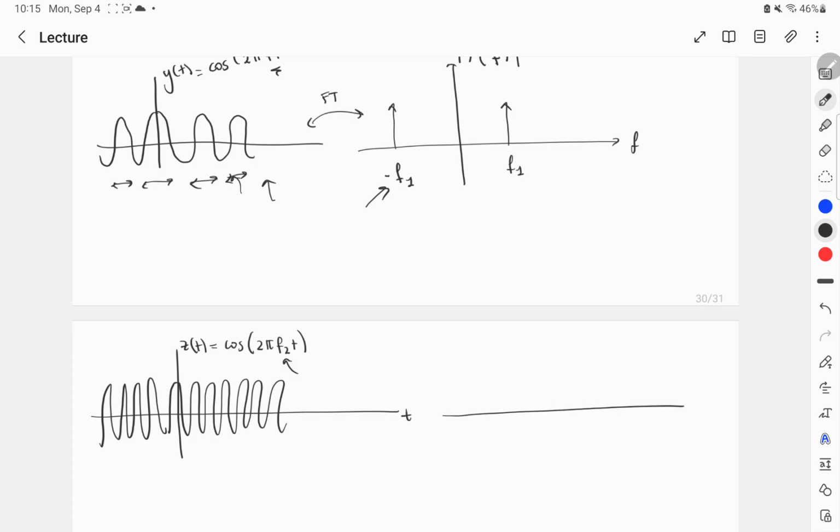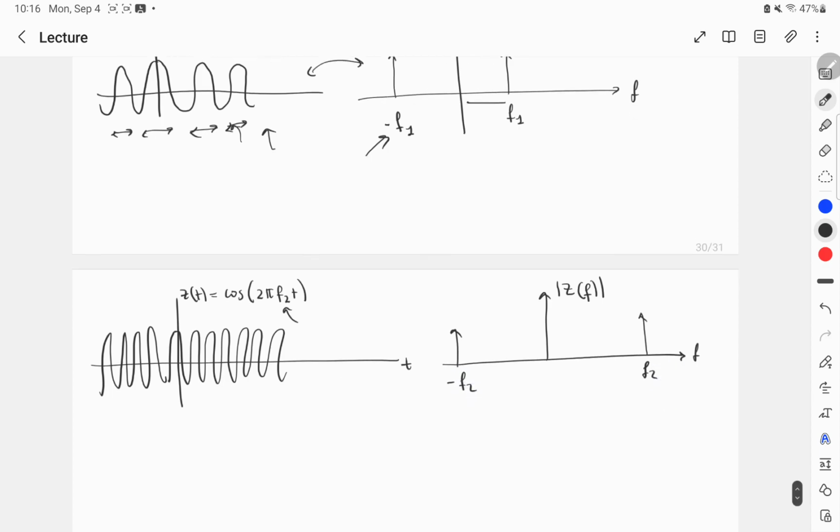And then when we are going to show it in the frequency domain, we are going to write here the magnitude of the z components, and then here we have frequency, and then we have a higher frequency. That's why I'm going to write it here like this. As you notice, there's more distance from the origin, so it means higher frequency. And then we have f2 here. Now we have negative f2, the negative of it.